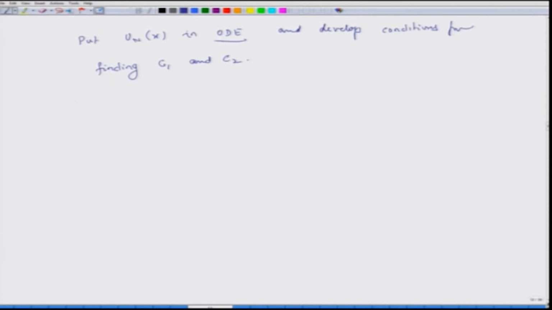So, what I get is that my final equation is 0 equals minus 2 C1 minus 3 C2, this is the constant term associated with x, plus minus 3 C2 minus 6 C2 plus C1, this is the term associated with x square, plus C2 x cube.